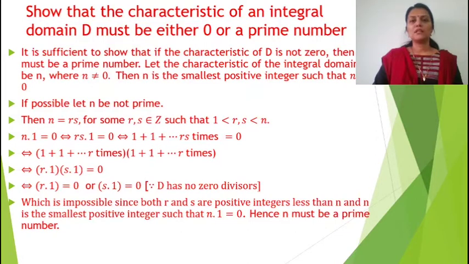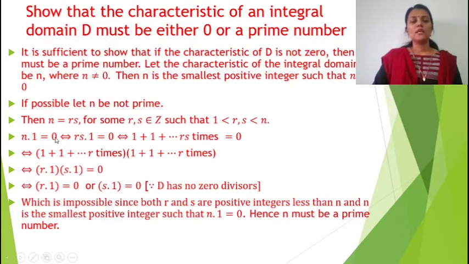We can find two numbers r and s such that n can be written as n equal to rs for some r, s element of Z such that 1 less than r, s less than n. So these are the factors of n.